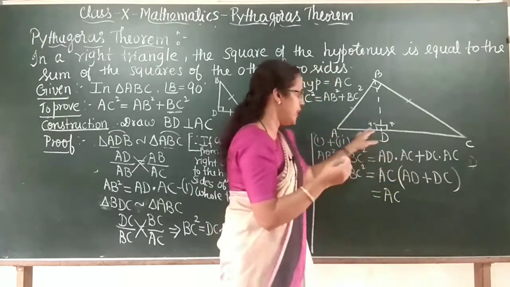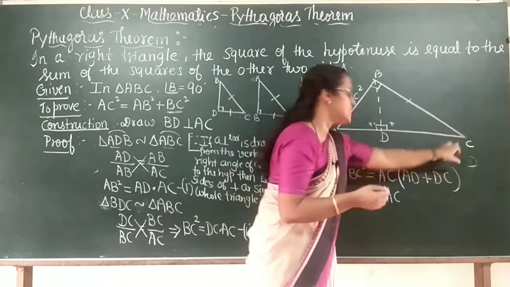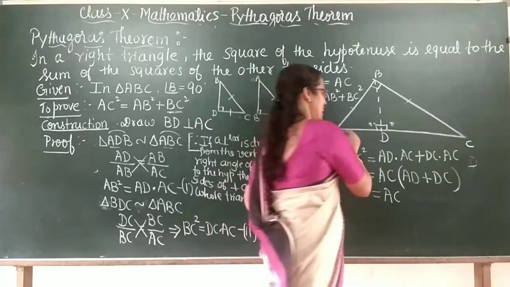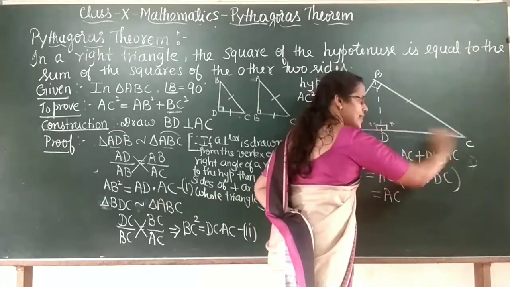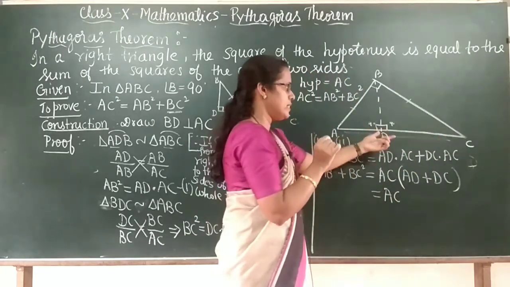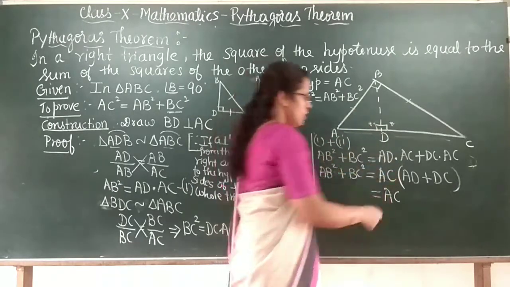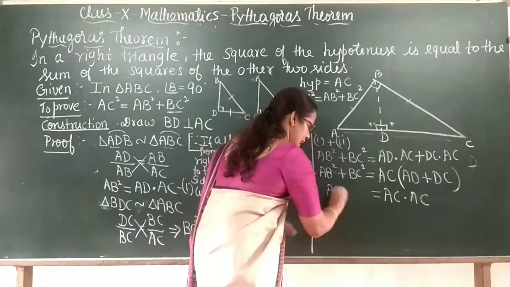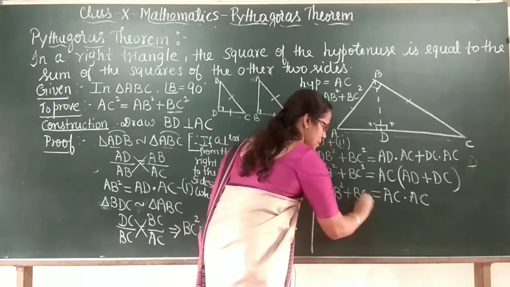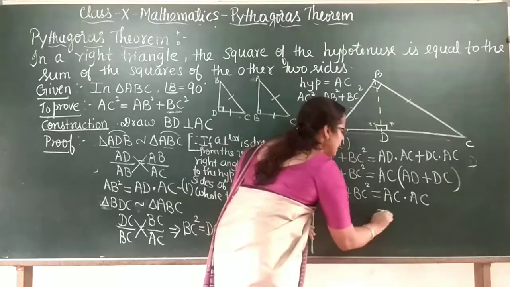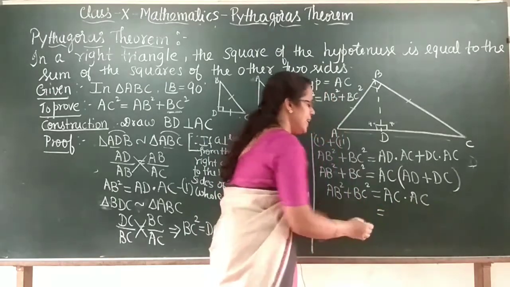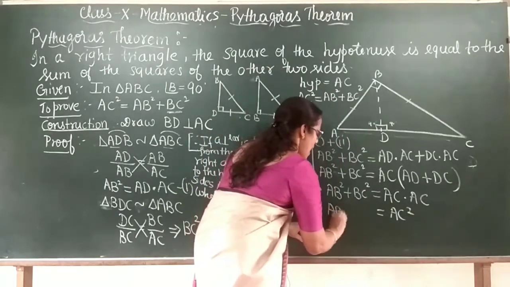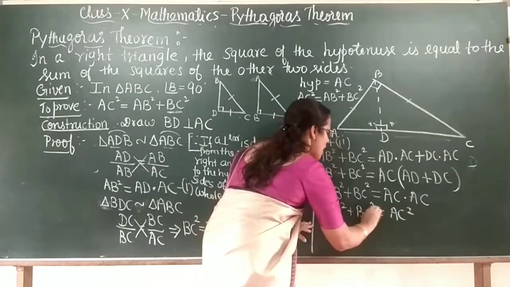Just see in the figure, AD plus DC together is AC. So can I take it as AC here? So remaining is AB square plus BC square is equal to AC into AC, AC square.